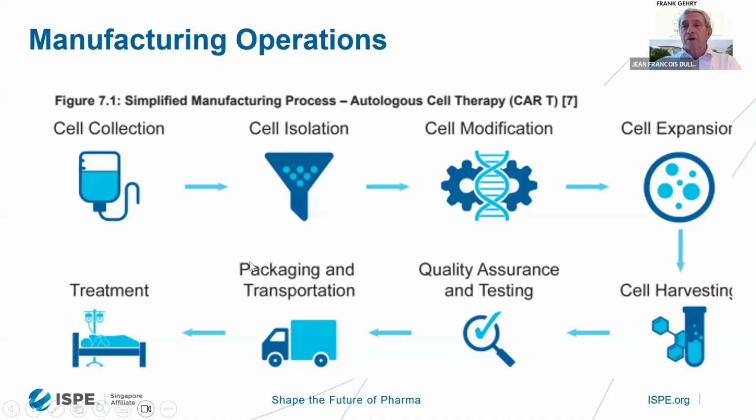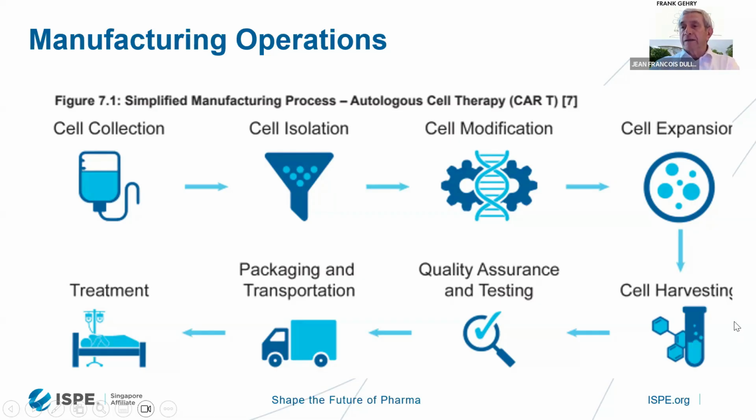For the manufacturing operation, here we have a simplified manufacturing process. We have autologous cell therapy. We have the cell collection, cell isolation. We need to remove the cells we don't want to use from the cells which will be used. Then we modify the cells which have been retained, and then we expand the cells.